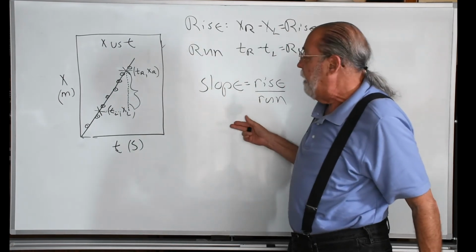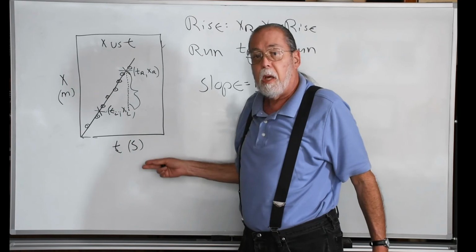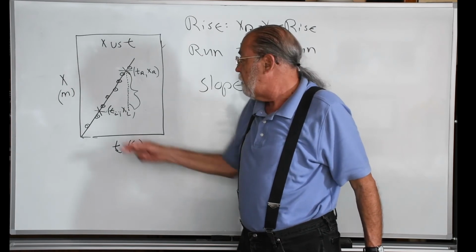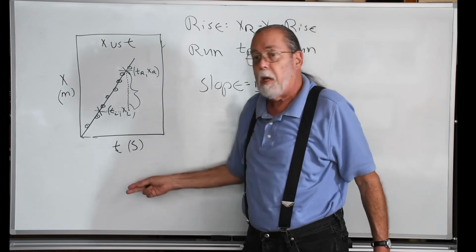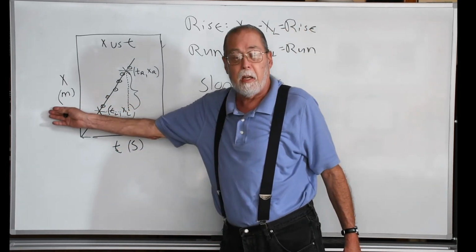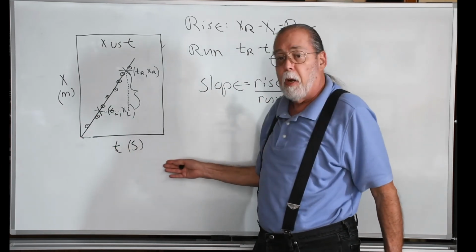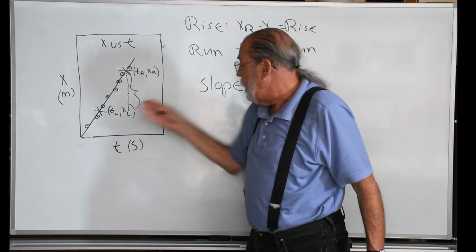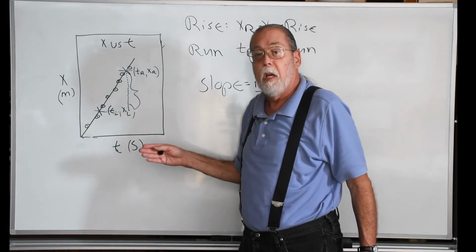On this graph, because it's position versus time, the slope will be the velocity. If this were velocity versus time, the slope would be acceleration. If this were the force needed to extend a spring, and this were the extension of the spring, the slope would be the elastic constant of the spring, and so on and so forth.